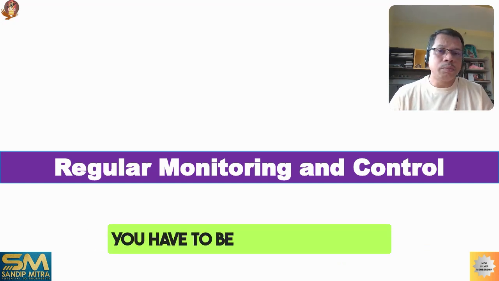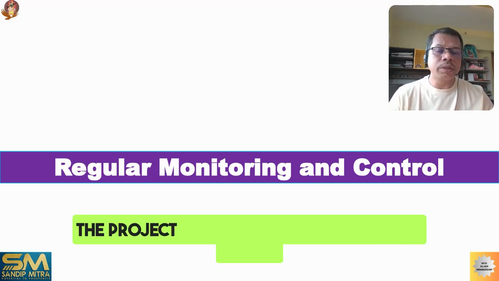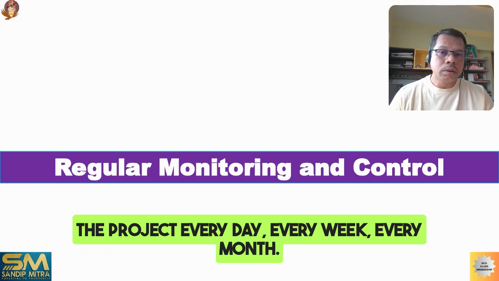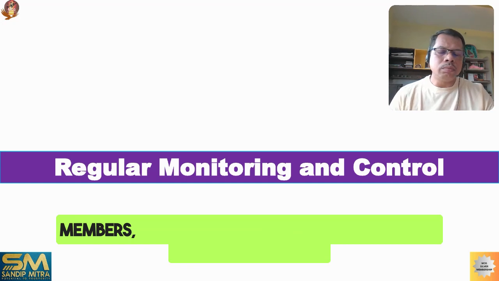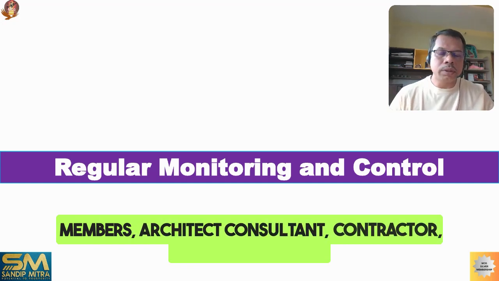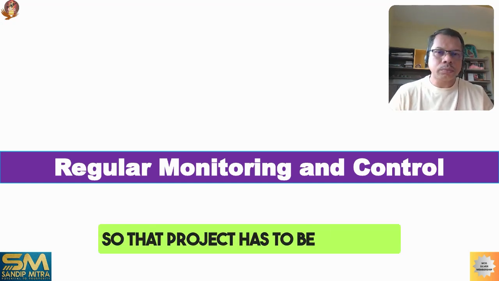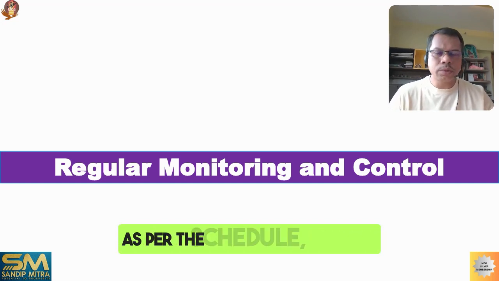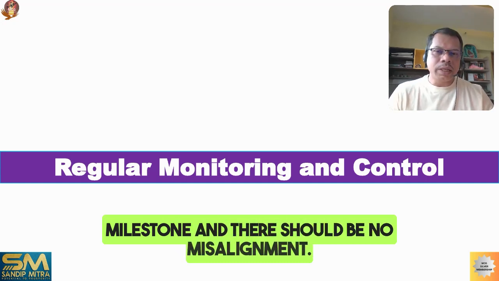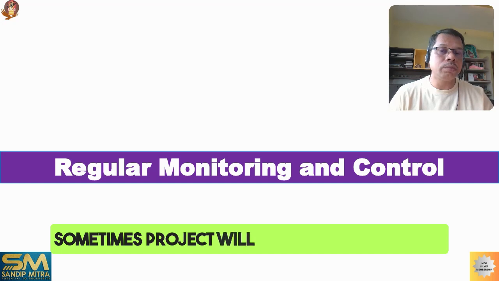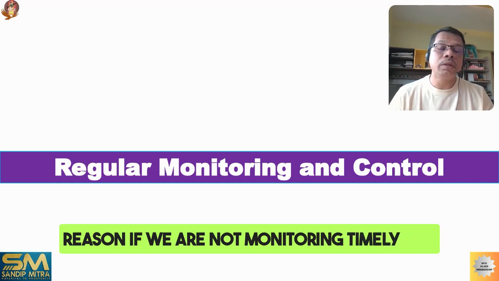You have to make a system so that you monitor the project every day, every week, every month, and you have to communicate with all the stakeholders, all the team members, architect, consultant, contractor, client, everybody, so that the project is executed as per the schedule, as per the milestone, and there should be no misalignment.